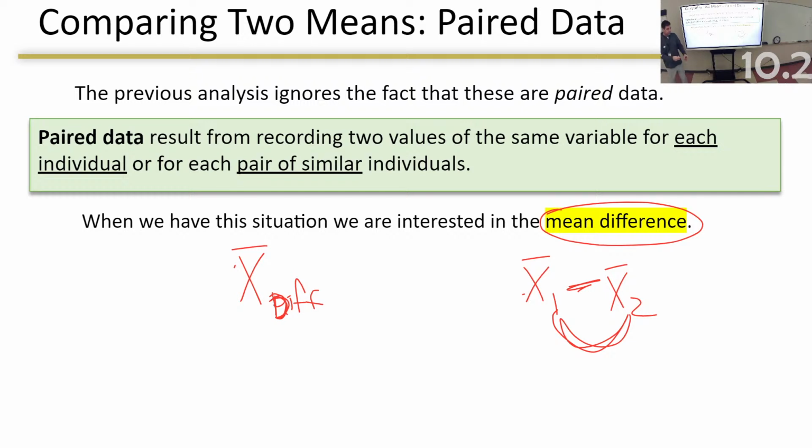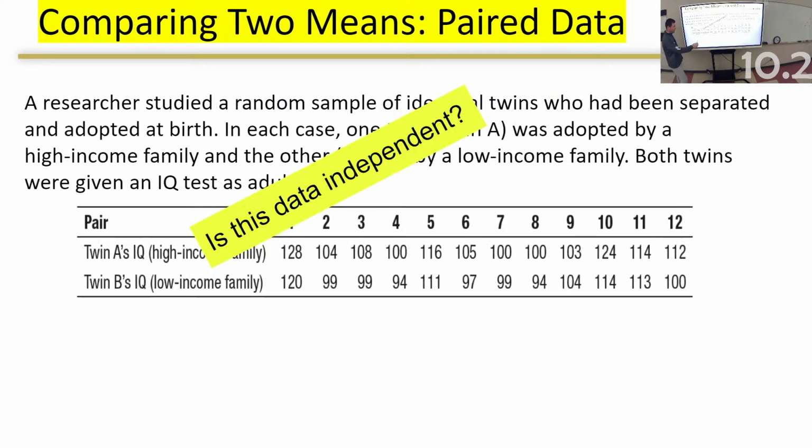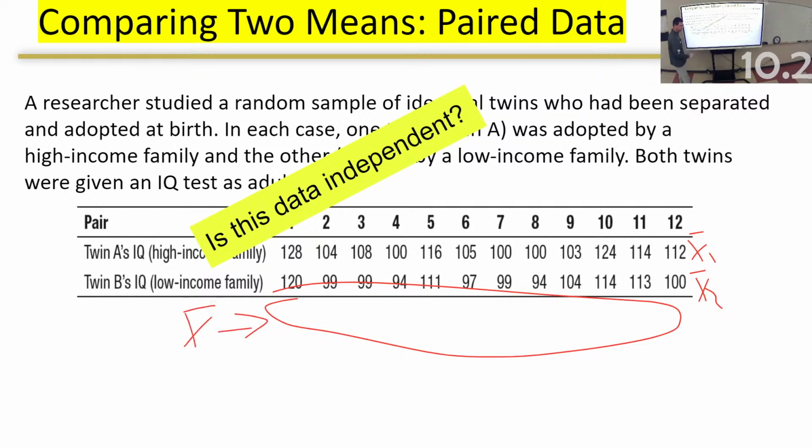This is the key. When you read mean difference, you should be thinking paired data. I don't want the difference of the means. I don't want X bar 1 and X bar 2 and the difference between those. I want the differences and then get the X bar of those.